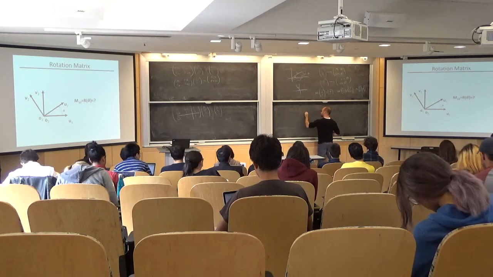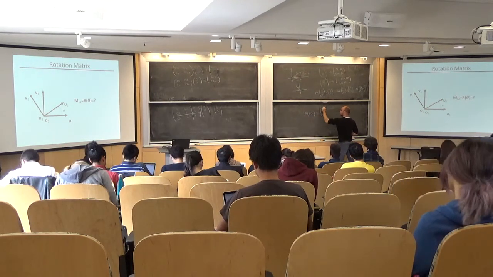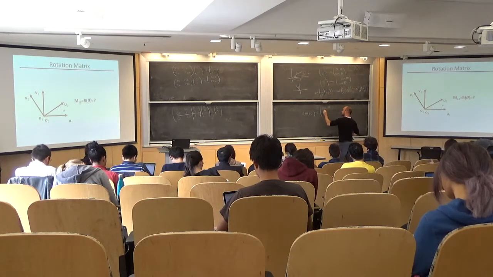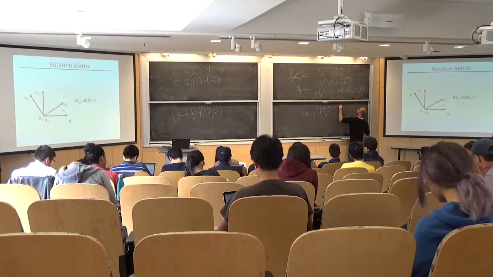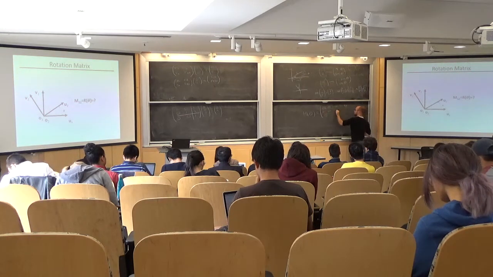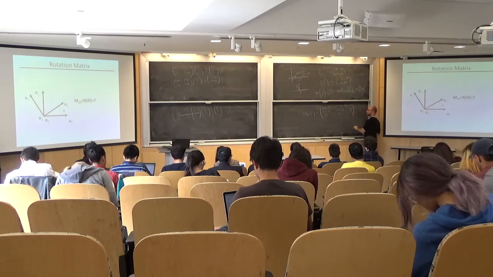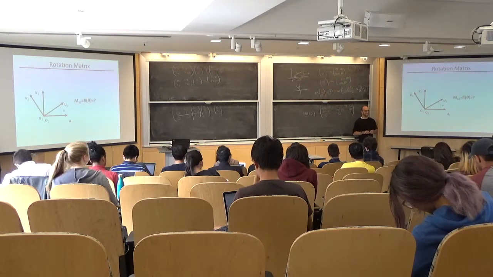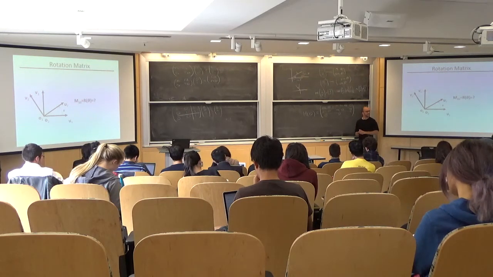So m of theta is cosine theta, sine theta, 0, minus sine theta, cosine theta, 0. And that looks about right. Yeah. And this is probably a formula you guys have seen before. Cool.